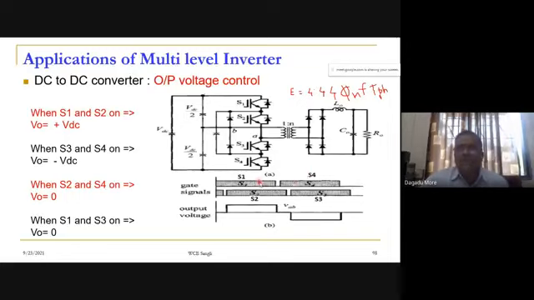Two devices, S1 and S4: for 180 degrees S4 is conducting, for 180 degrees S1 is conducting, for 180 degrees S4 is conducting. These two, S1 and S4, are complementary, and S2 and S3 operate like this.